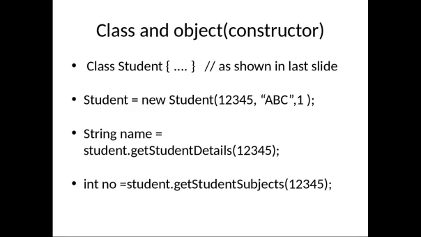Okay, this is all about how we invoke a method which you have defined inside a class, along with constructors, the default constructor and other constructors, and how you create an object out of a class using the new keyword. Okay, so we will move to the next section.